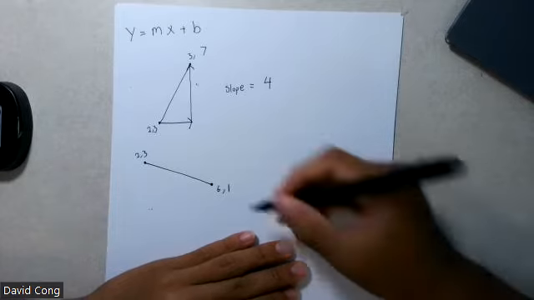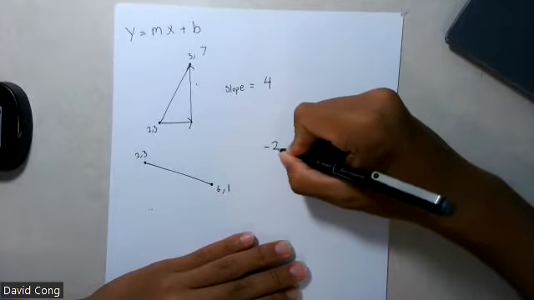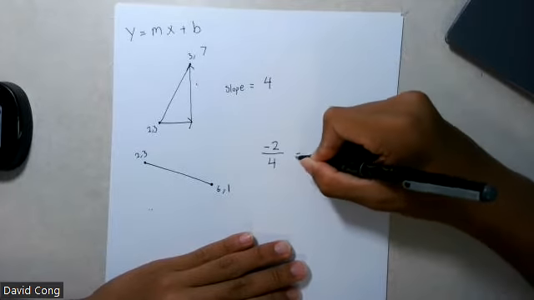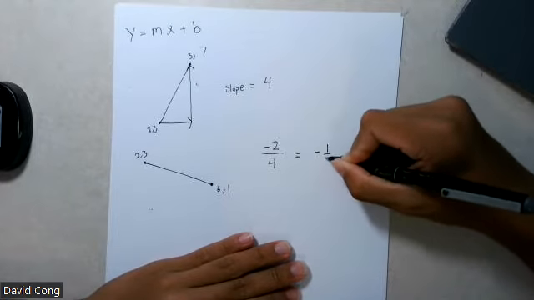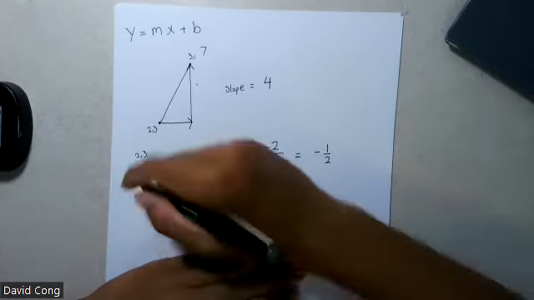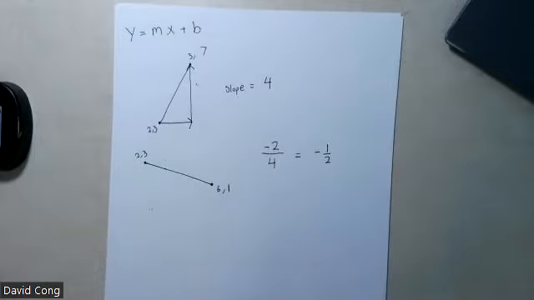But how much did y move? We see y actually decreased. So y changed by negative 2 and x changed by 4. So we get a slope of negative 1/2. What this means really is every time x increases by 1, y decreases by 1/2.